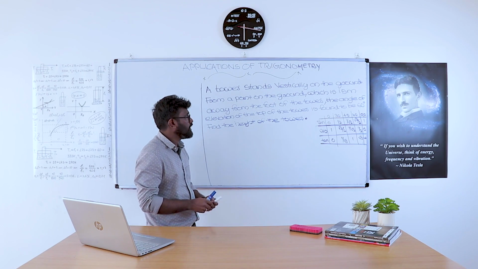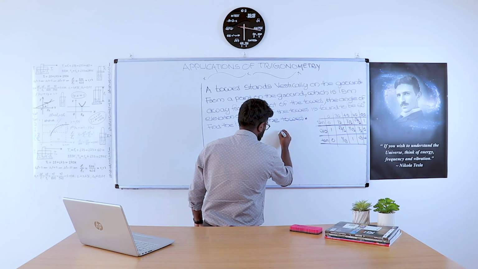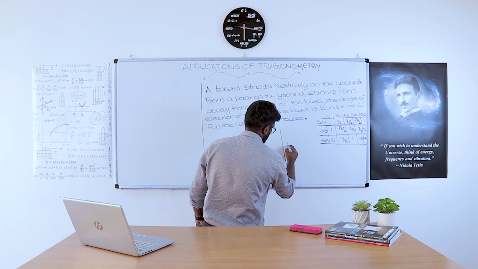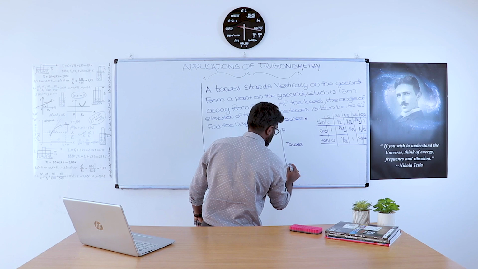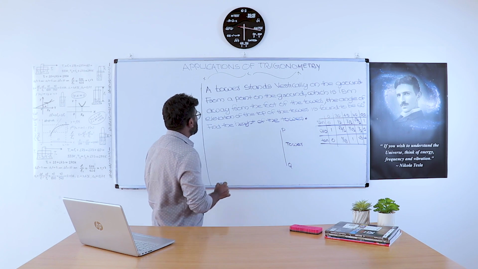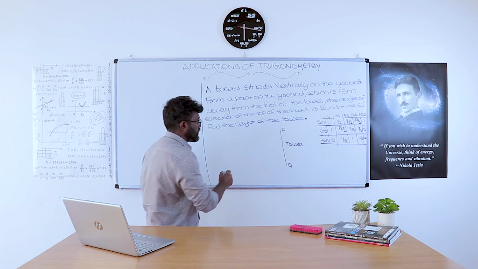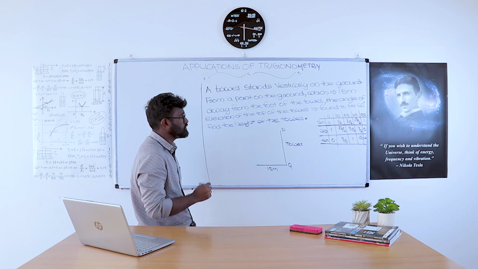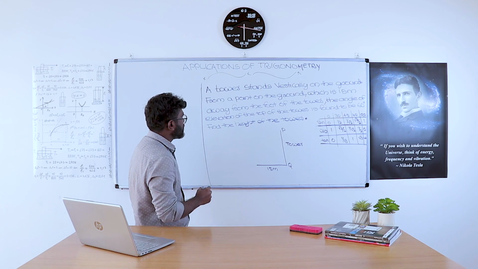First of all, we want to represent the condition diagrammatically. So this is the tower, and I will name the tower PQ. From a point on the ground which is 15 meter away from the foot of the tower, the angle of elevation of the top of the tower is 60 degree.